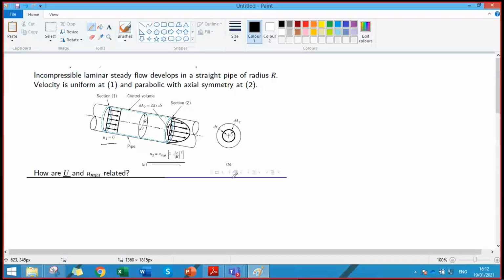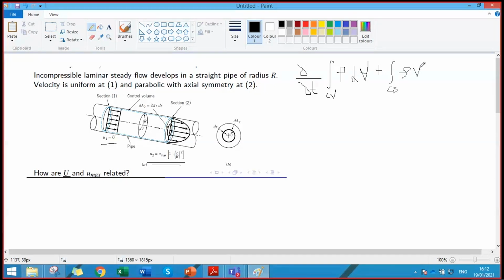We write the continuity equation, that is, partial by partial t of the integral over the control volume of rho dV, plus the integral over the control surface of rho V dA, should be 0.